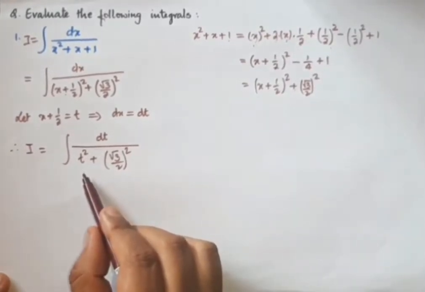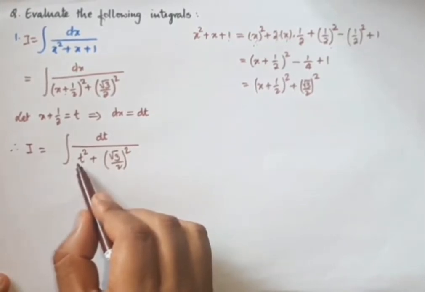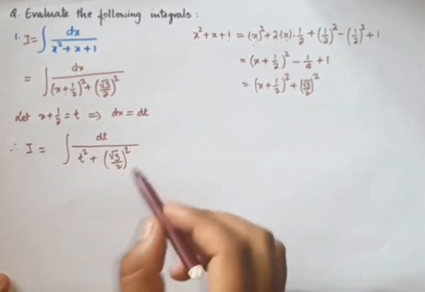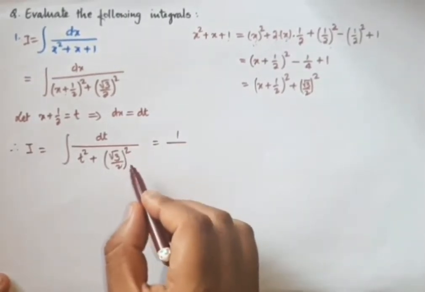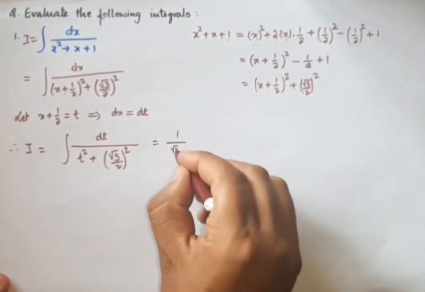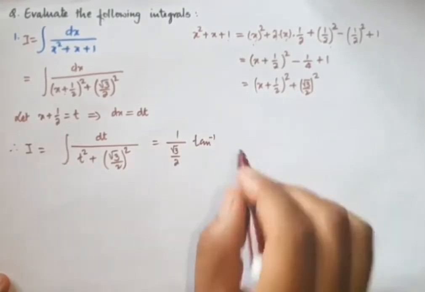Now this falls under the category integral dx by x squared plus a squared, which is 1 by a tan inverse x by a. And how much is a? a is root 3 by 2.